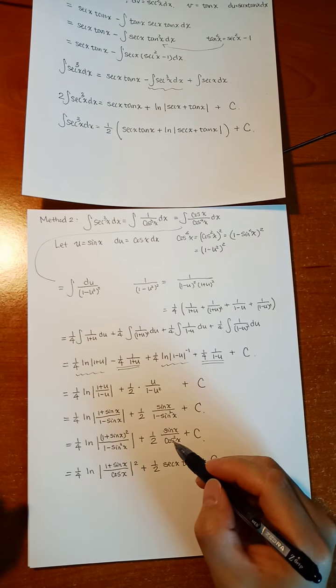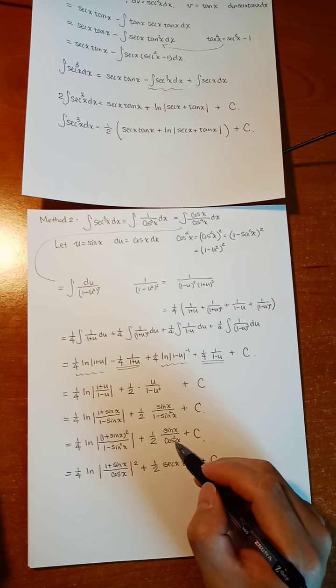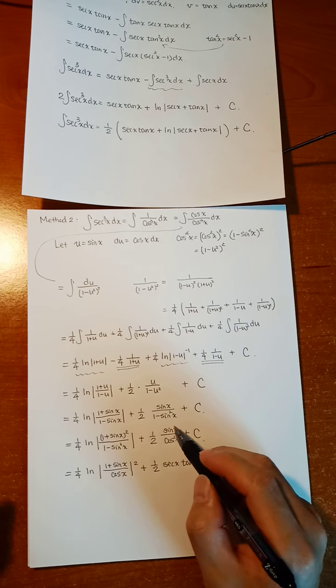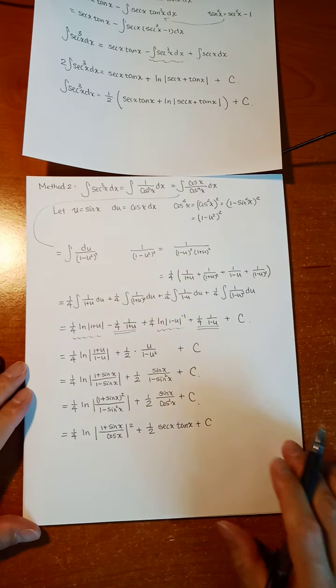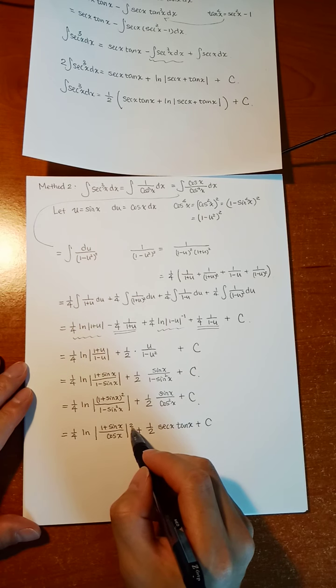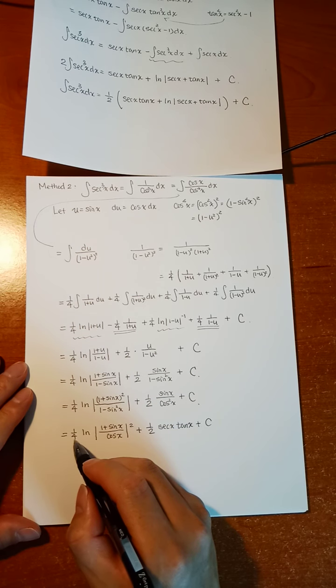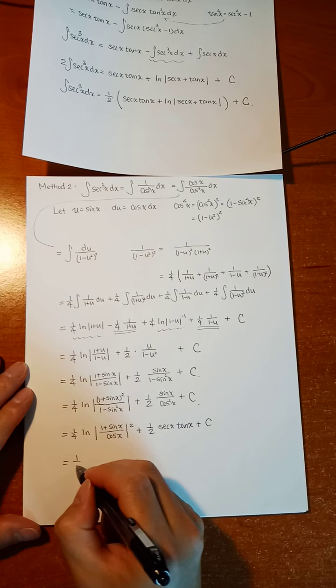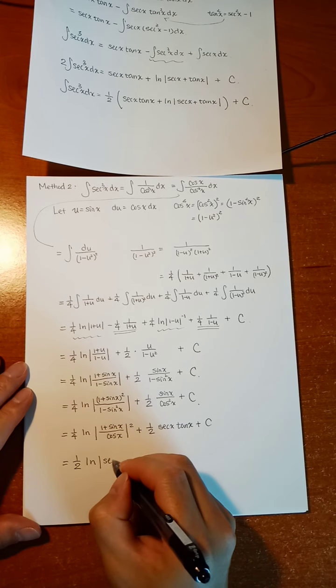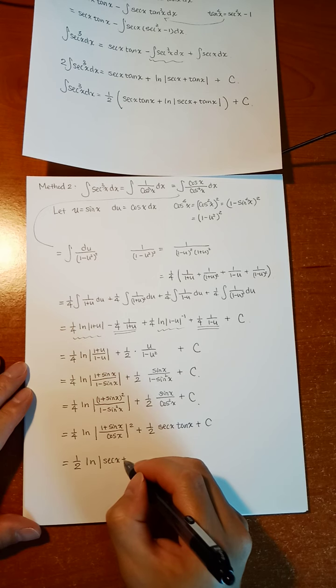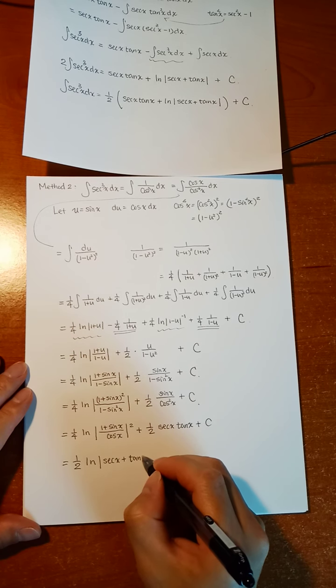You just separate the cosine, and its denominator becomes cosine times cosine. Sine over cosine is tangent. 1 over cosine is secant. And here, this power 2 cancelled with 1/2. You have also 1/2 natural log 1 over cosine, secant of x, sine x over cosine x, tangent of x.